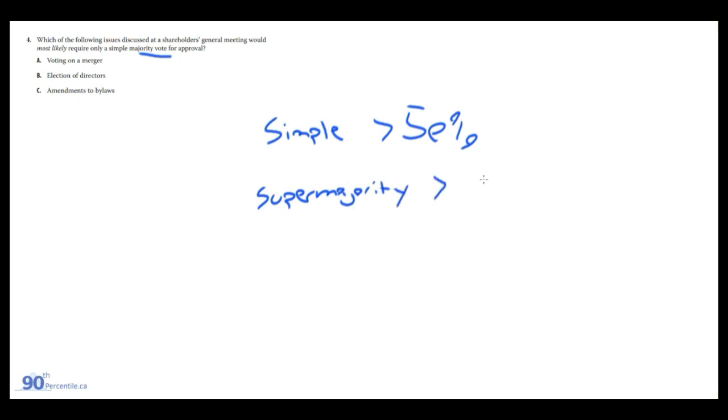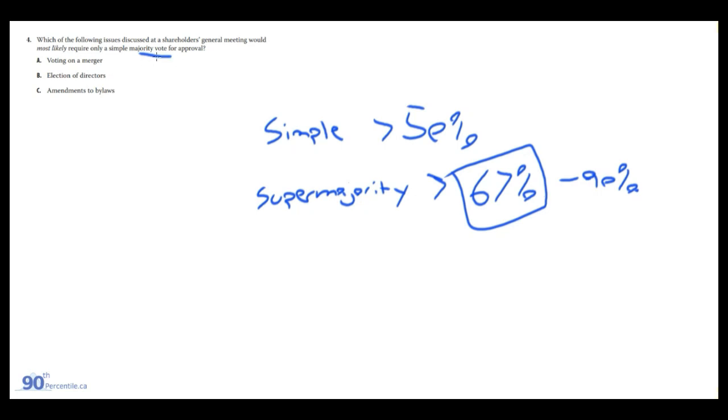Which of the following issues discussed at a shareholders general meeting would most likely require only a simple majority for approval? A simple majority is a vote over 50%, and a supermajority is more. Typically, the number is 67%, but it depends on the company. You could see it as high as 90, but generally 67 is the ballpark for public companies.